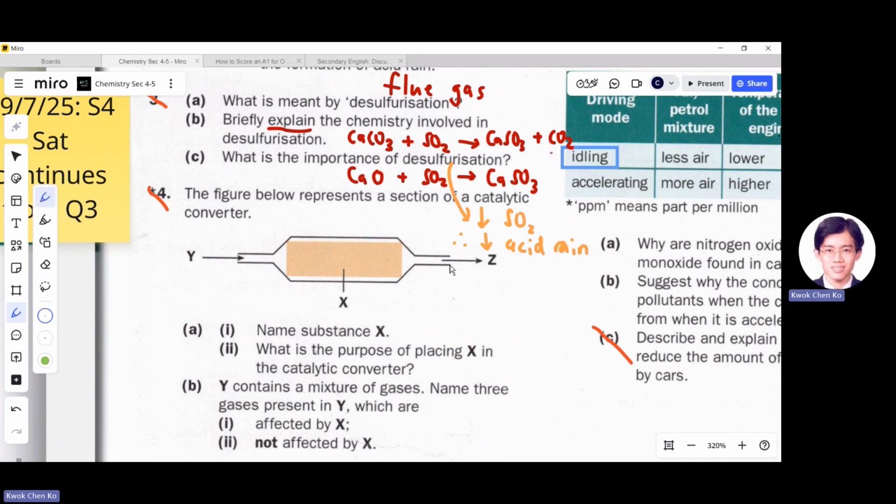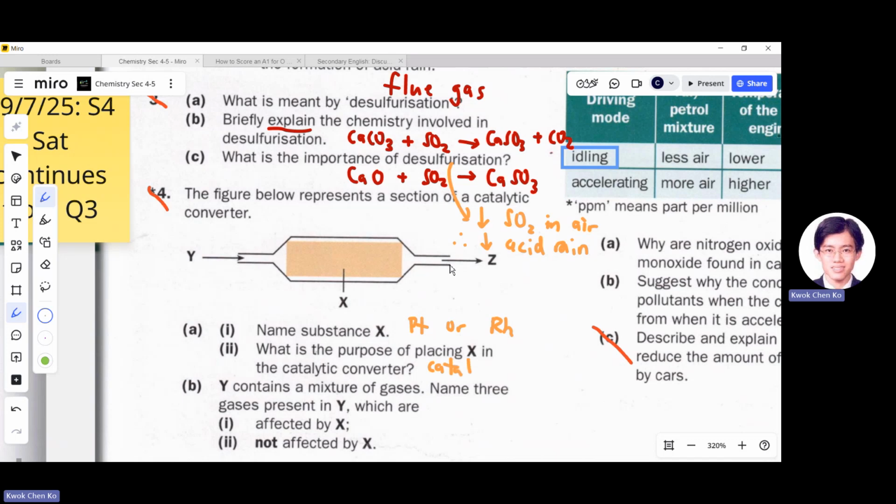Number 4 is very standard. Expect it to come up in the exam. Have you done all your questions? Yeah. What is X? Number 4. Okay. Yeah, of course, you can also mention rhodium. Ethan, purpose of X? To act as a catalyst to turn gases from the engine into cleaner ones. Okay, good.